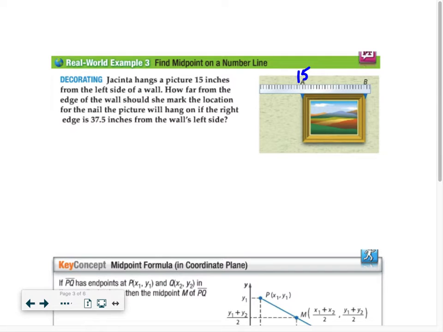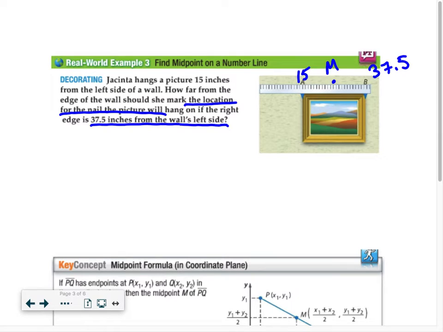How far from the edge of the wall should she mark the location for the nail the picture will hang on if the right edge is 37.5 inches from the wall? So the setup here, that's 37.5 inches. Of course, we're going to put the nail at the midpoint. So there's the setup.